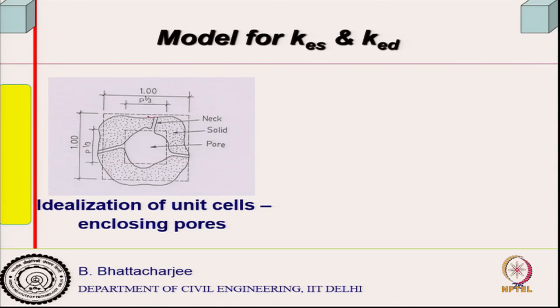For example, consider a unit cube and you have a pore, and then there is a solid in that unit cube, and this repeats itself in the material. There are several such cells. So, every pore is surrounded by a certain amount of solid, and this proportion would depend upon porosity, of course.